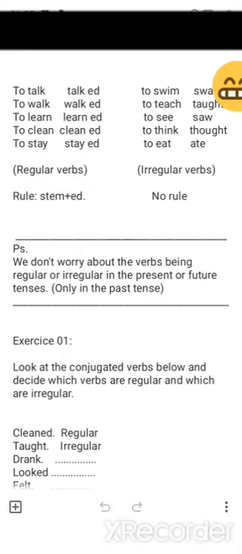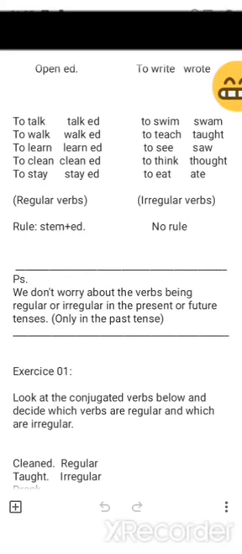And if you do not understand, we will understand hopefully better with the following examples. The group on the left is regular verbs. To talk, to walk, to learn, to clean, to stay are all regular verbs, and if we want to conjugate them, as we said earlier in the simple past, the rule says we guard the stem and we add ed.